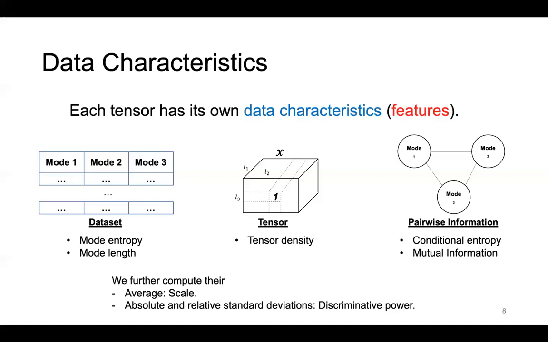So we want to use these data properties as features to help us identify whether this tensor has any kind of preference, and this preference can help us select a suitable strategy to decide its decomposition order. In addition to this raw data property, we further compute their average to show the scale of this feature, and also the absolute and relative standard deviation to indicate their discriminative power.